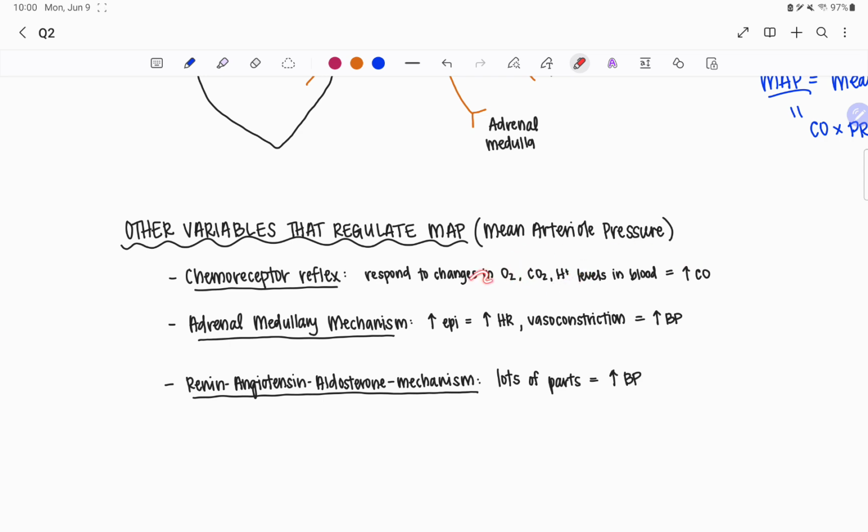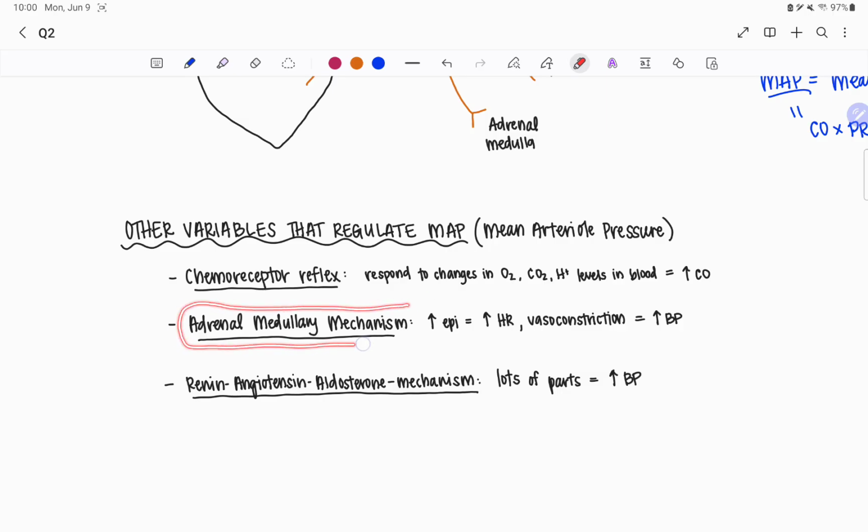When the chemoreceptors sense this, they kick our heart rate up so that we're pumping blood through our tissues, getting more oxygen to them, and it's also increasing the amount of blood we're pushing into the lungs so that we can get more oxygen. So it works twofold that way.